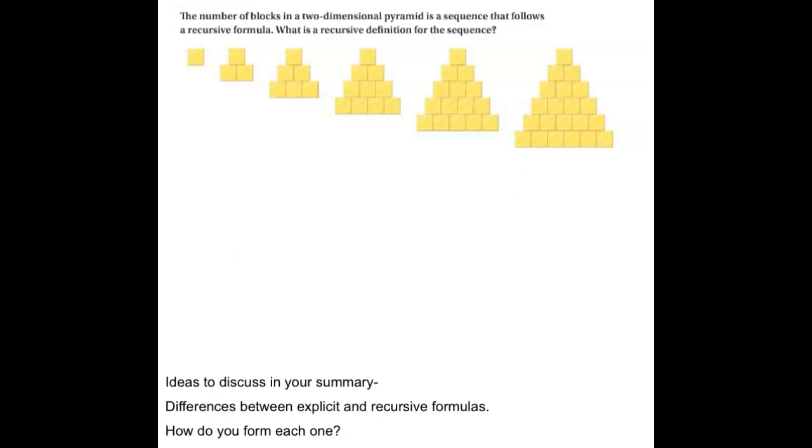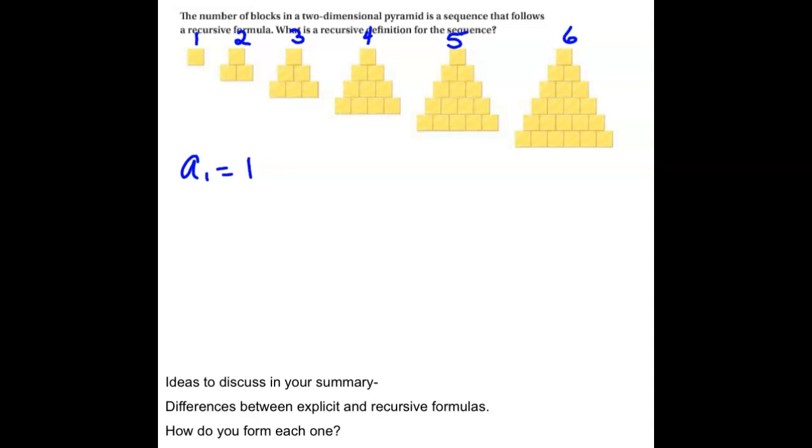All right, our last example here, it says the number of blocks in a two-dimensional pyramid is a sequence that follows a recursive formula. What is the recursive definition for this sequence? So let's start out looking at our position number. This is 1, 2, 3, 4, 5, and 6. Okay, so my first term just has 1 block.